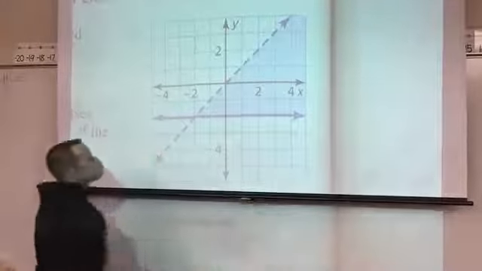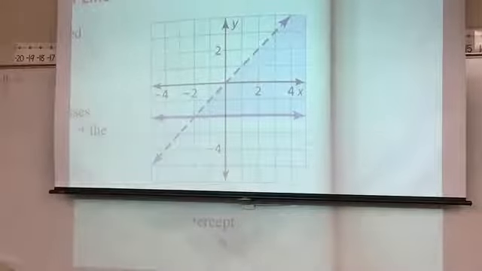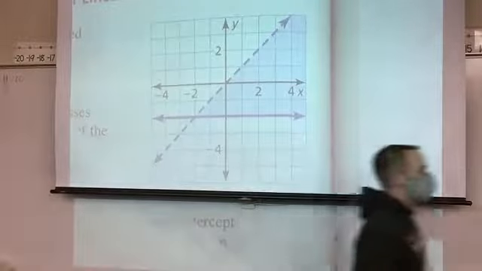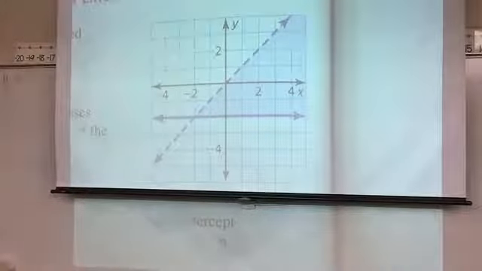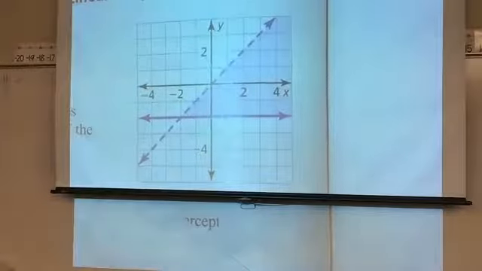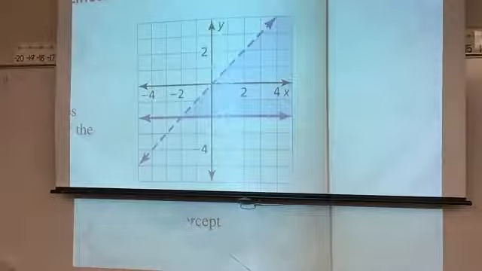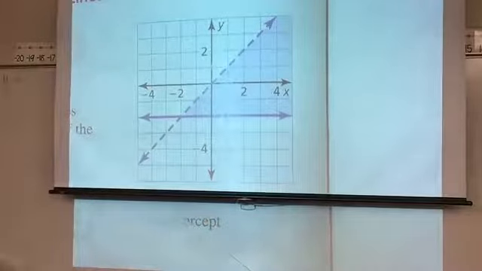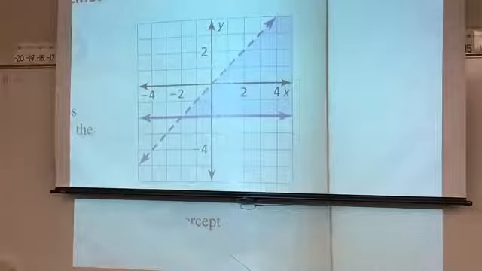Most of it is going to be white, and then there's one section of the graph that is colored in blue. That one shaded area is the doubly shaded region. That's where our solutions are.